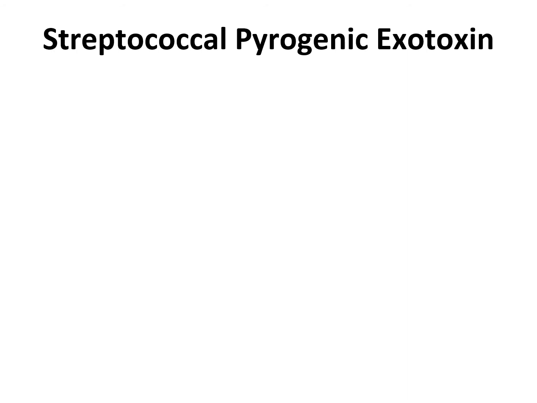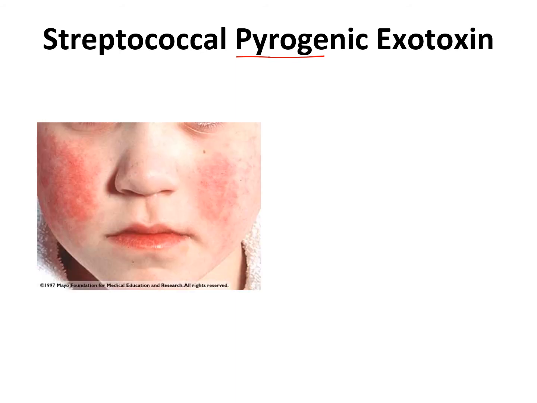The first one is streptococcal pyrogenic exotoxin. Streptococcal is associated with Streptococcus pyogenes, and pyo refers to fever. So Streptococcus pyogenes causes strep throat, and it also causes scarlet fever. And the difference between strep throat and scarlet fever is whether the bacteria has the gene to produce this exotoxin.